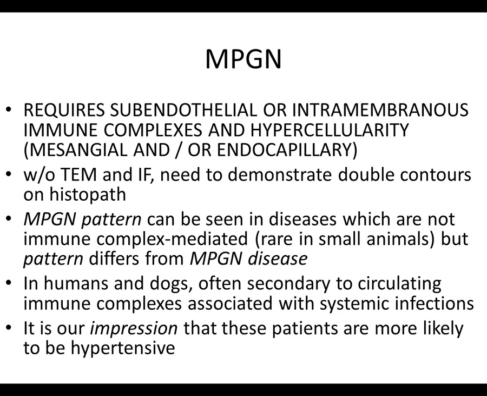If you don't have EM or immunofluorescence, you at least need to demonstrate the double contours, hopefully with the silver stain; you might be able to see it on a PAS stain, but that's what you need in order to diagnose it on histopath alone. And if you don't have that evidence, then play it safe and say glomerulopathy characterized by hypercellularity and irregular GBM.